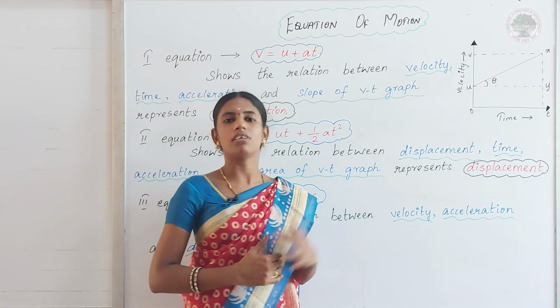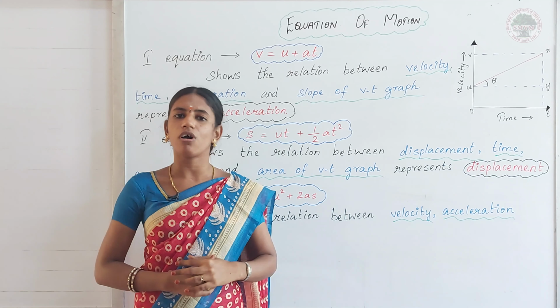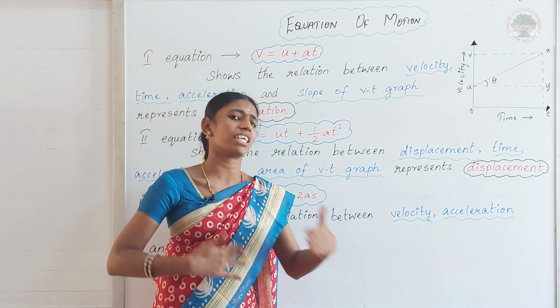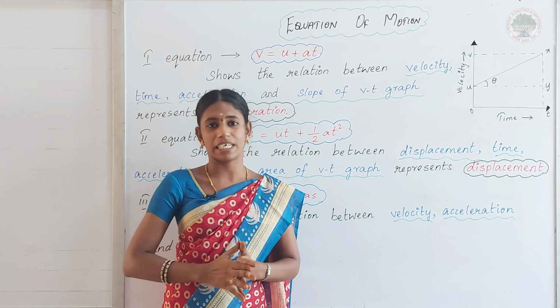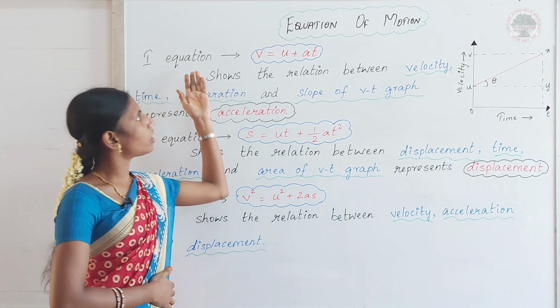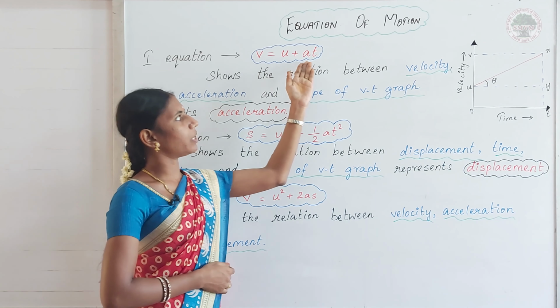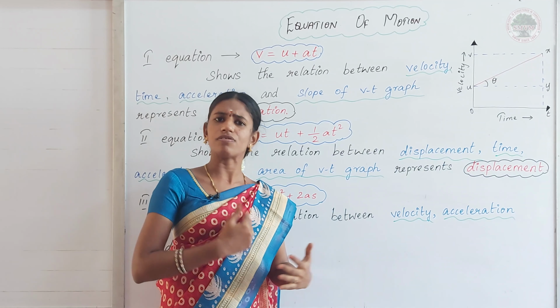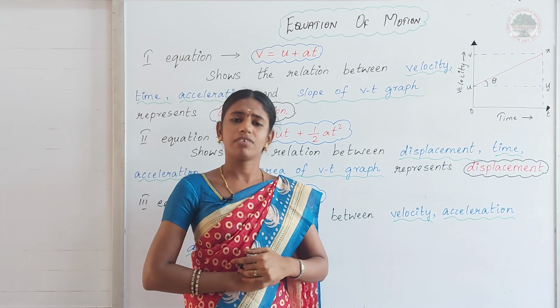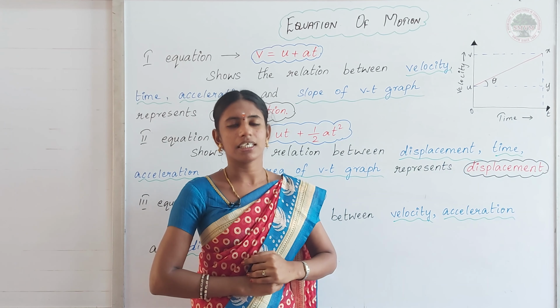Now let's see the overall view of all the three equations. Then we can derive each and every equation. So the first equation is v is equal to u plus at. Our first equation of motion is v is equal to u plus at.